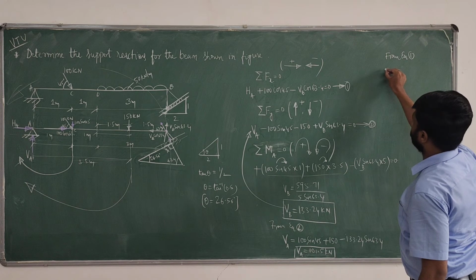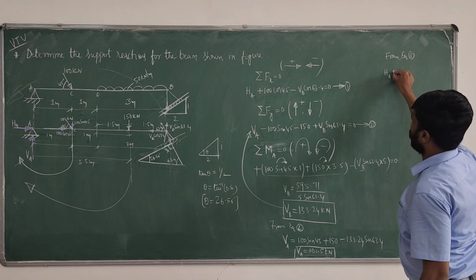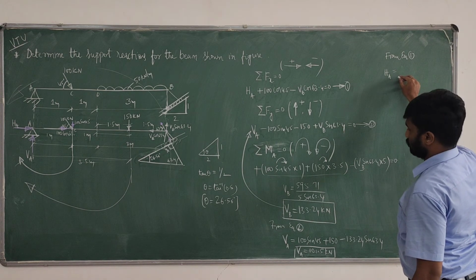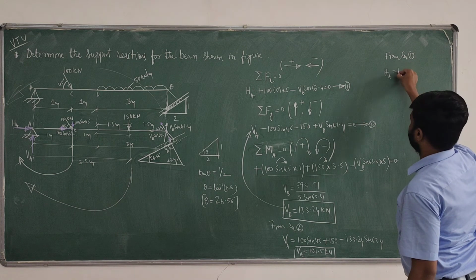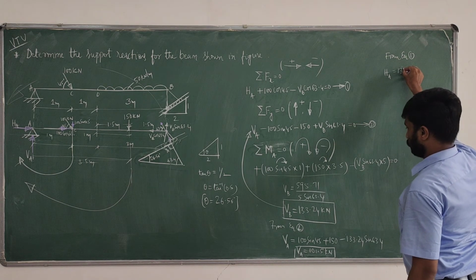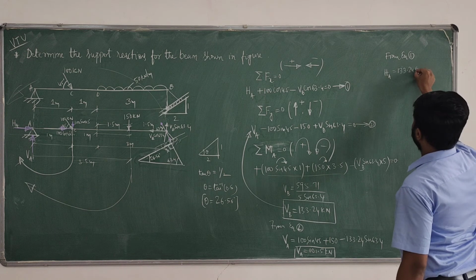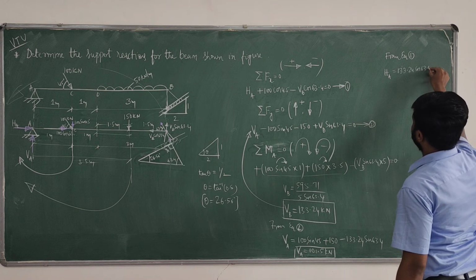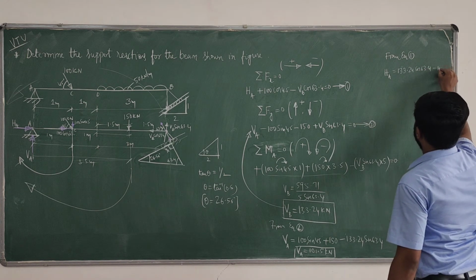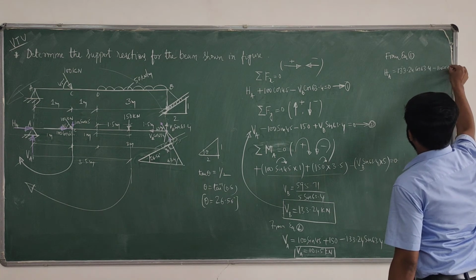what is the value of HA? HA equals minus VB, this side will become positive, 133.24 cos 63.4 minus 100 cos 45.